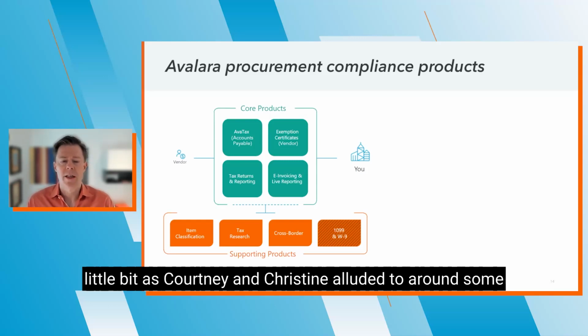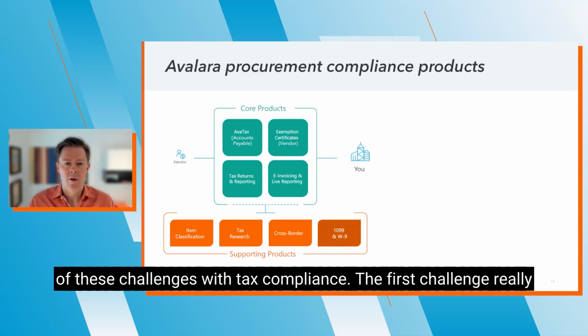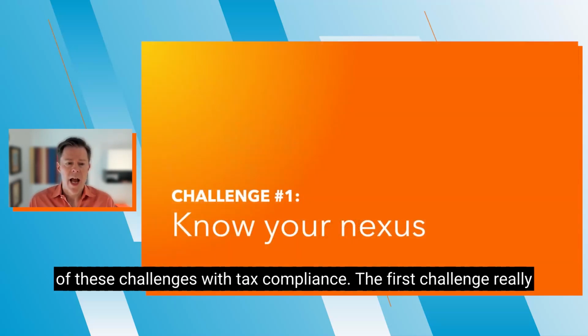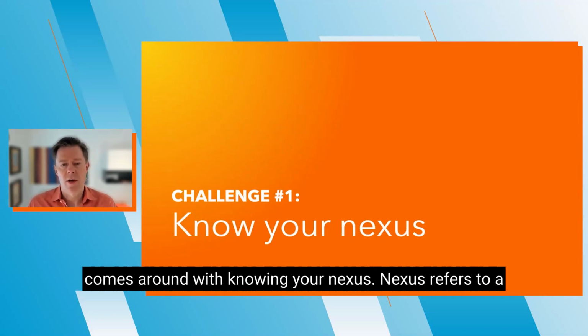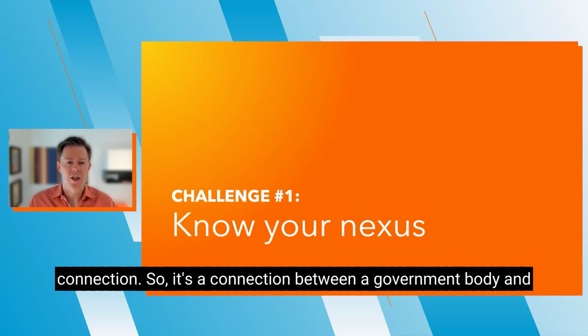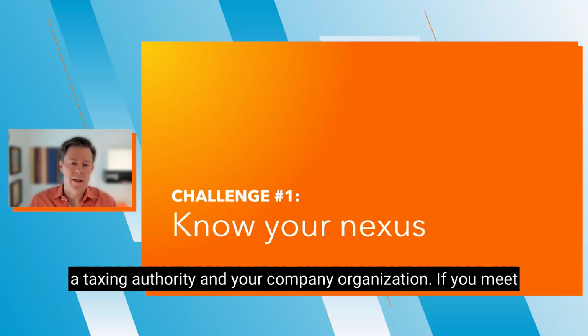So let's dig in a little bit, as Courtney and Christine alluded to, around some of these challenges with tax compliance. And the first challenge really comes around with knowing your nexus. And nexus refers to a connection. So it's a connection between a government body and a taxing authority and your company or organization.